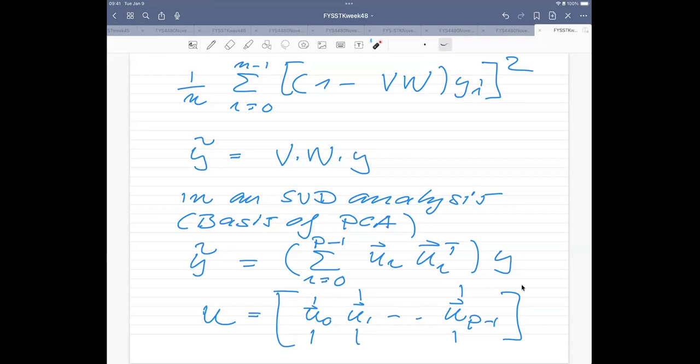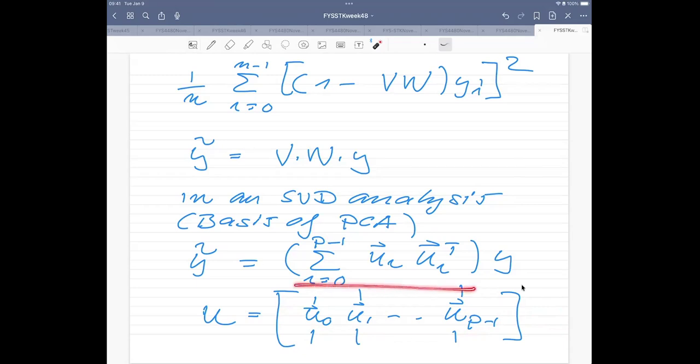So keep in mind that this matrix U is set up so that the eigenvectors are actually the eigenvectors of that matrix. This actually continues up to u_{n-1}, but we keep only those which have a singular value different from 0.